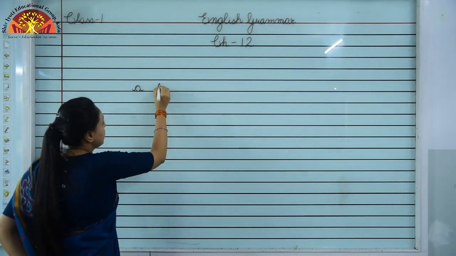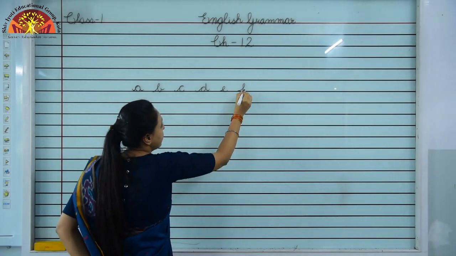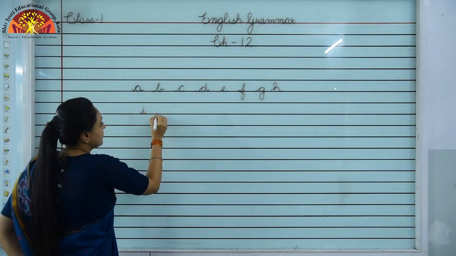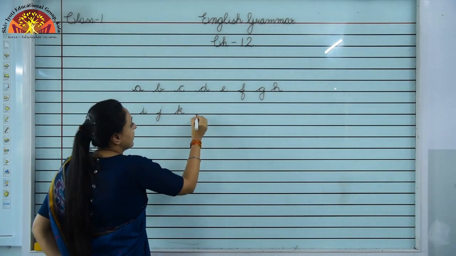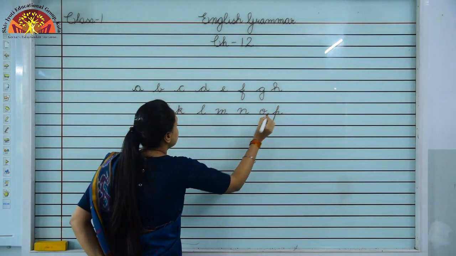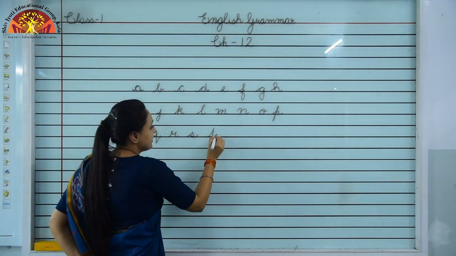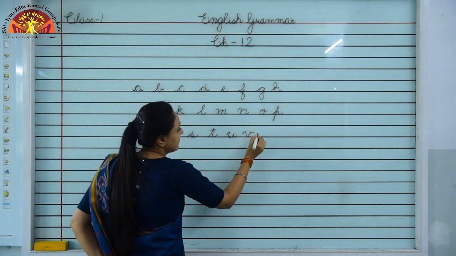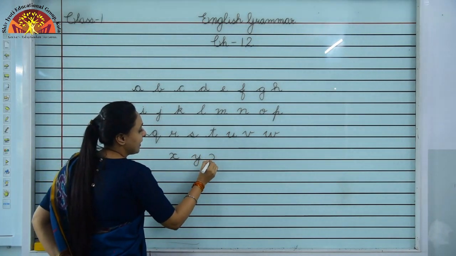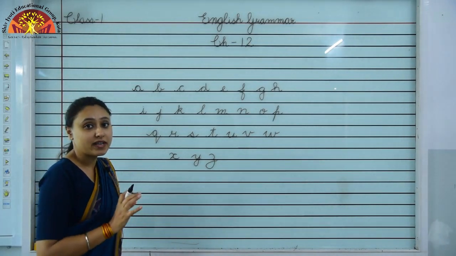A, B, C, D, E, F, G, H, I, J, K, L, M, N, O, P, Q, R, S, T, U, V, W, X, Y and Z. So there are 26 letters in an alphabet, out of which 5 are vowels.